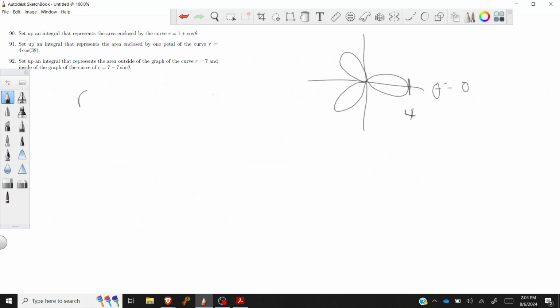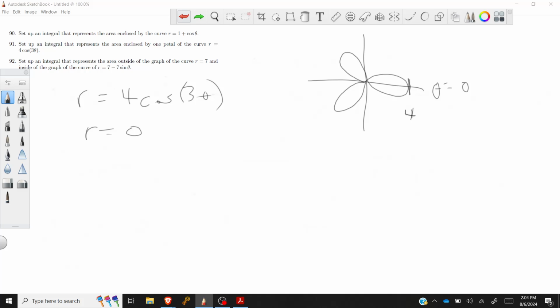We want to see when r equals 0, and that would just be 4 times cosine 3 theta. So we just need to find out when cosine 3 theta is equal to 0.